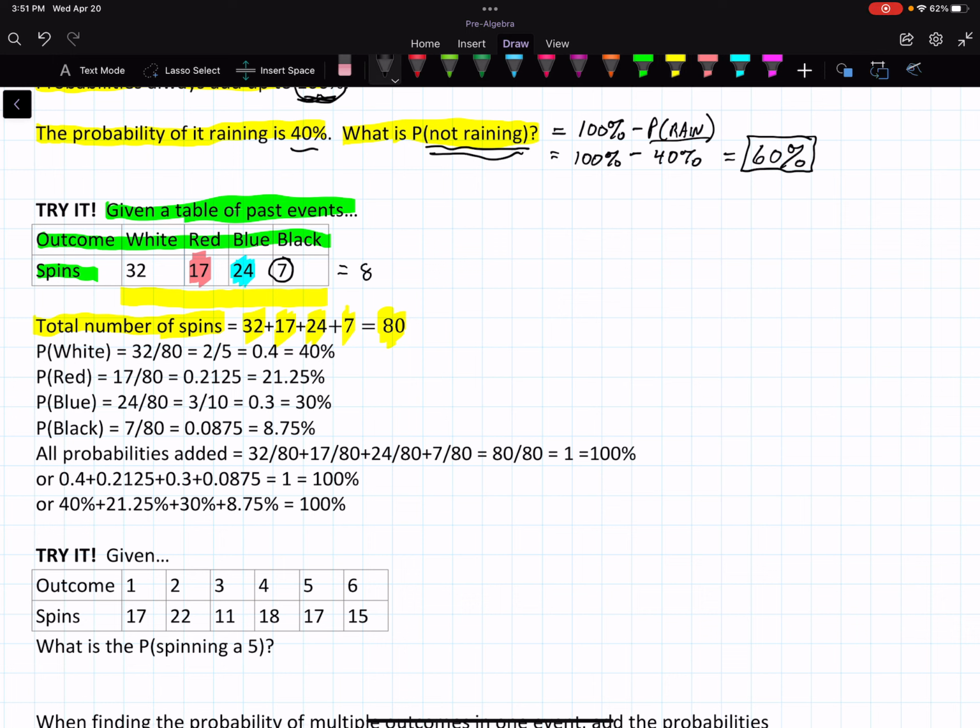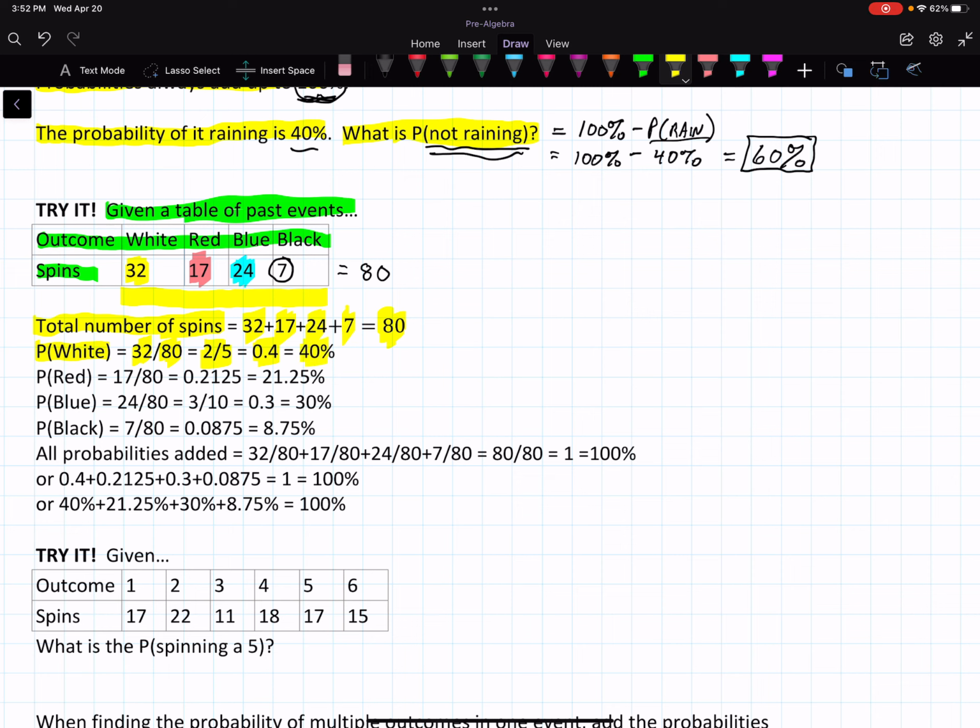Now, what is the probability of white happening? Well, we know that white was 32 over 80 because of the 32 right here. I can simplify 32 over 80 into 2 over 5, which is 0.4 or 40%.